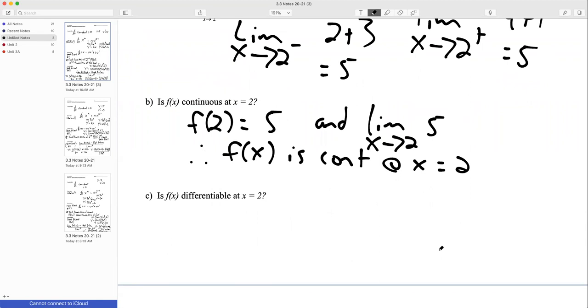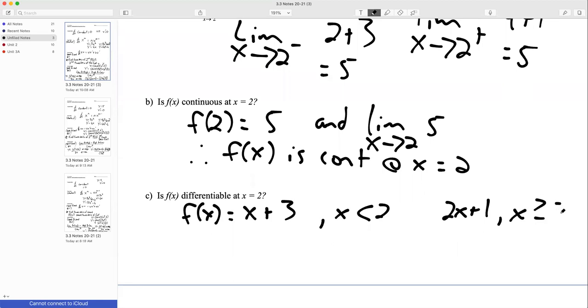Okay, so this one, my function is f of x equals x plus 3 for x less than 2, and it equals 2x plus 1 for x greater than or equal to 2. So you can look at it and tell that it's not differentiable, right? Because what's f prime of x? What's the slope of x plus 3? 1. For x less than 2.